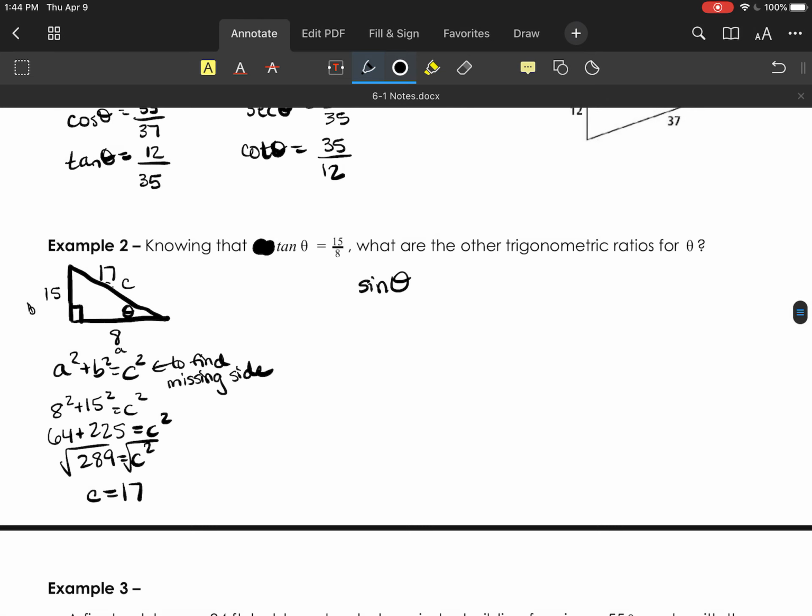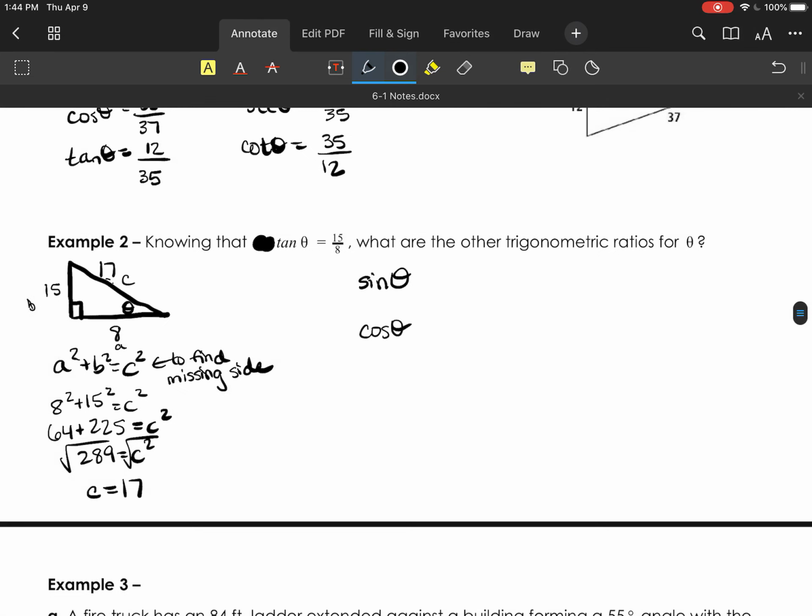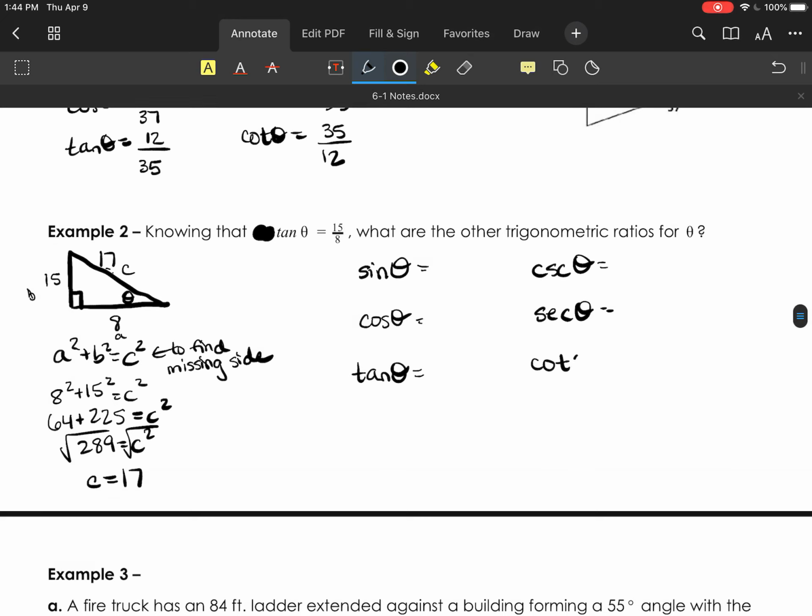Now I'm going to fill out all of the trig ratios. So once again, I set them up: sine, cosine, tangent. Then you have, I'm going to put equal signs there. Then you have cosecant, secant, and cotangent.